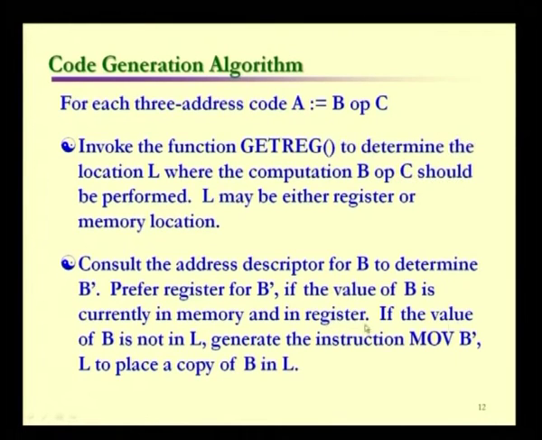If the value of B is not already in L, where the computation is to be carried out, then we move B into L by generating the instruction MOV B', L to place a copy of B in L. What is this B'? B' is the address descriptor entry for B, which will refer either to a memory location or to a register, based on where B is available.